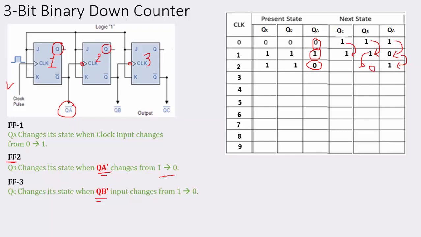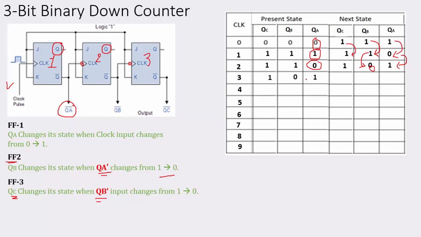QB changes from 1 to 0, but QB bar will change from 0 to 1, so this will remain as it is. There will be no change in this, because to change the state of QC, your QB bar should change from 1 to 0. But here QB bar has changed from 0 to 1.